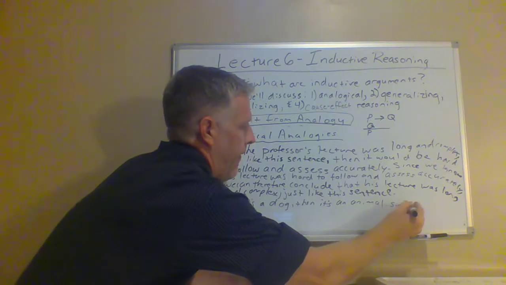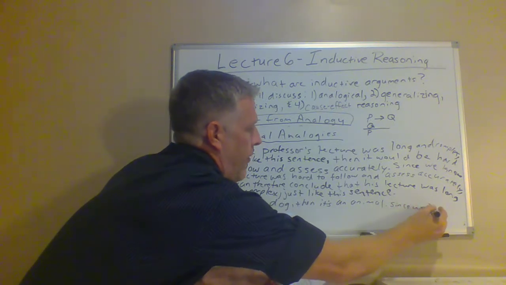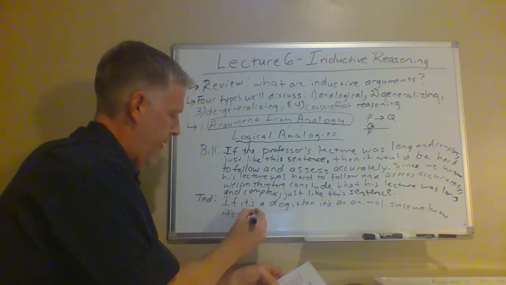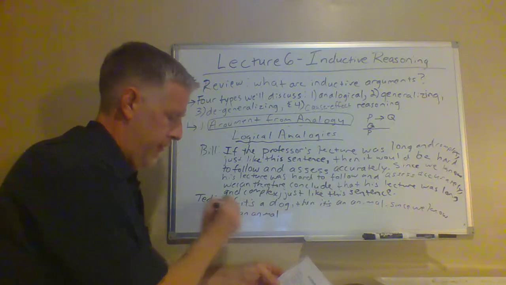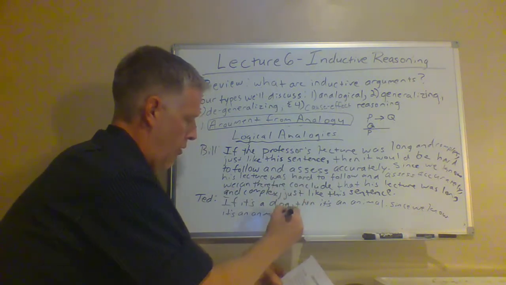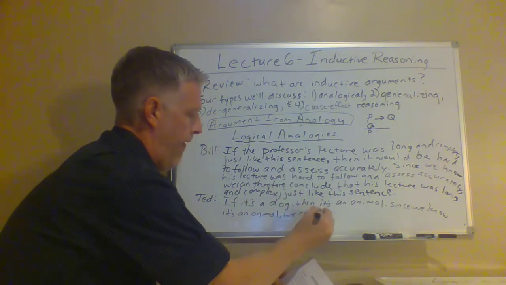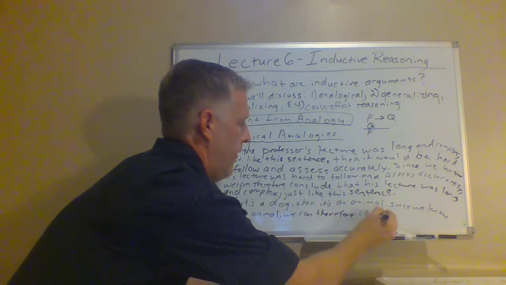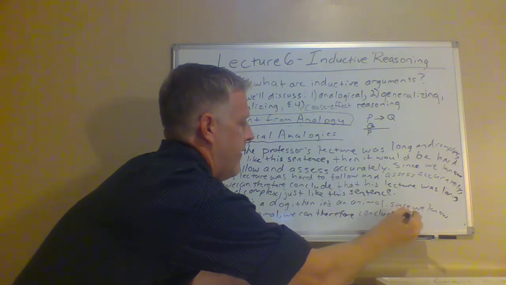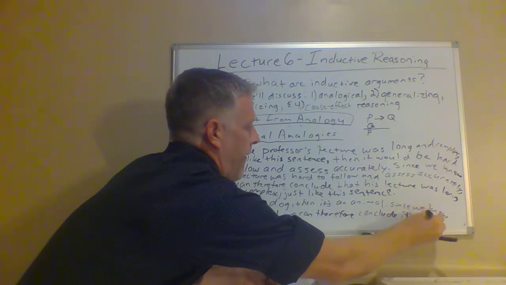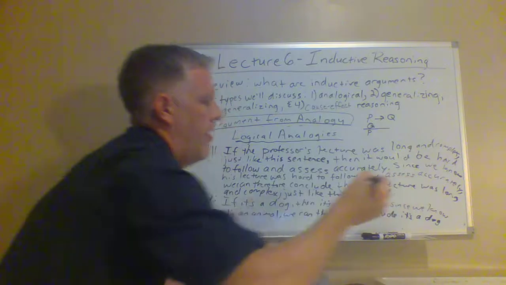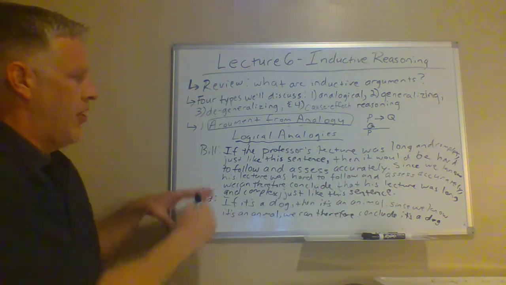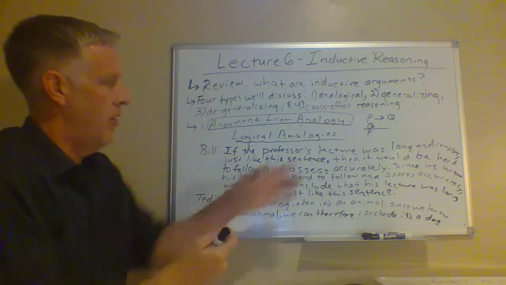Since we know it's an animal, we can therefore conclude it's a dog. Oh my goodness. Okay, so this would probably be even clearer if we actually wrote it up here like a math problem.